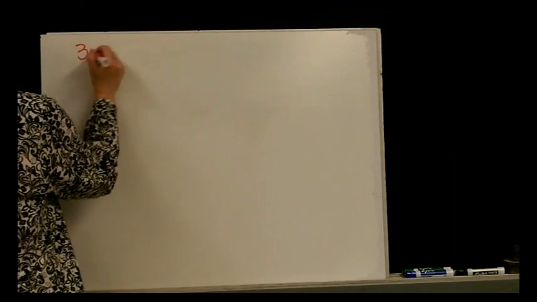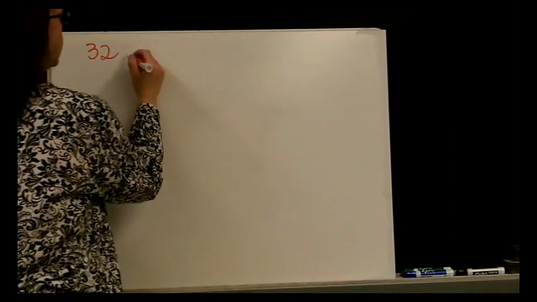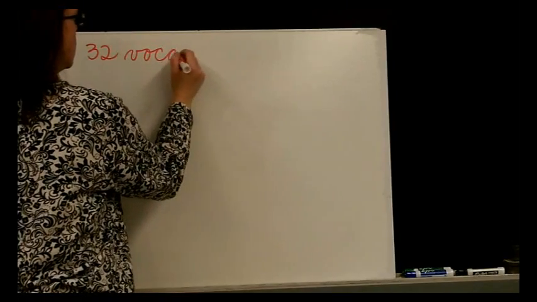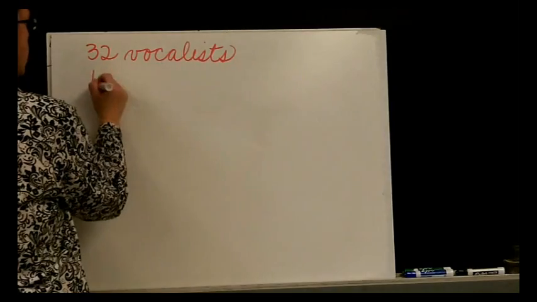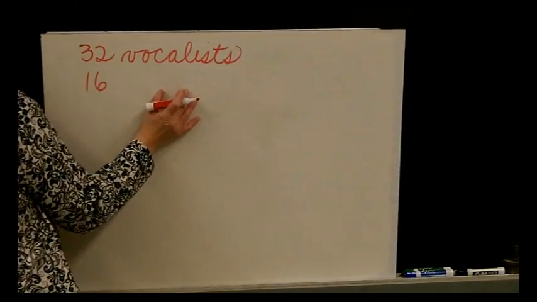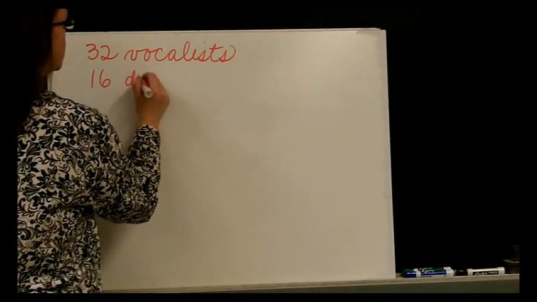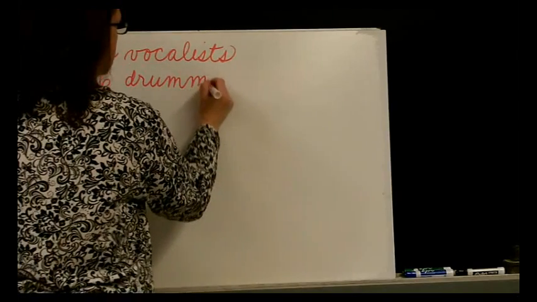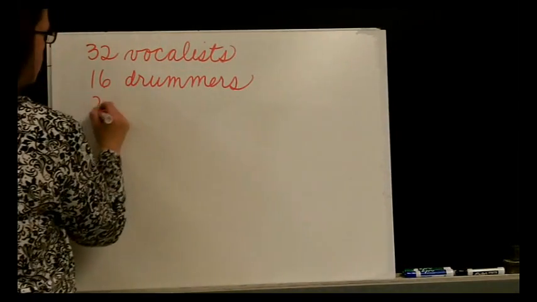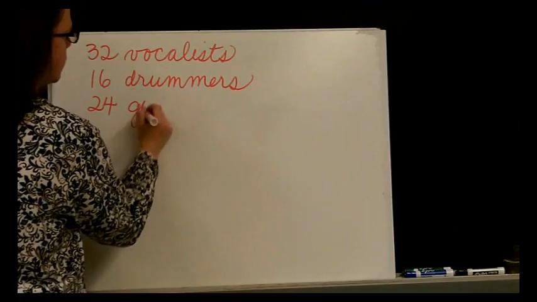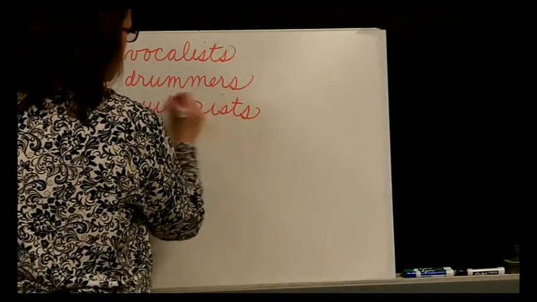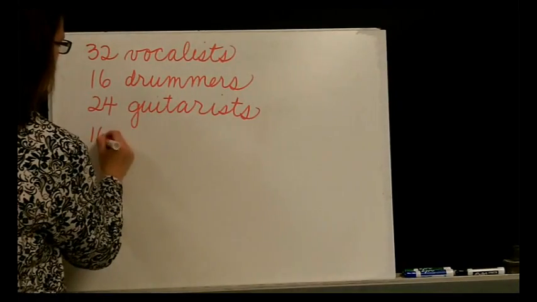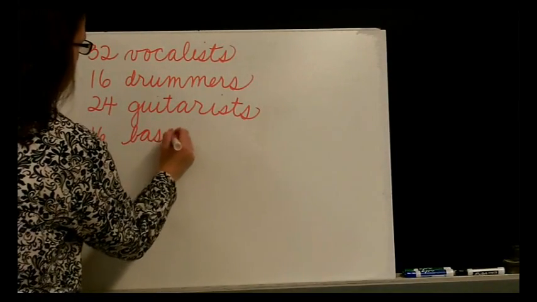At the camp, there are 32 vocalists, there are 16 drummers, 24 guitarists, and 16 bassists.